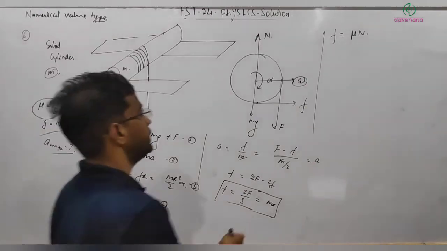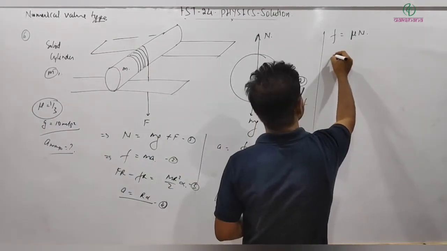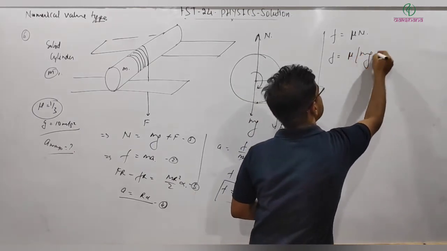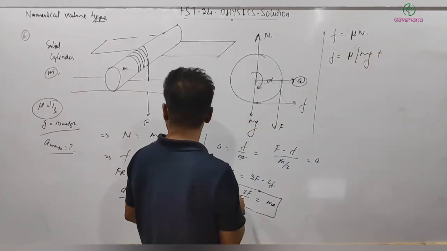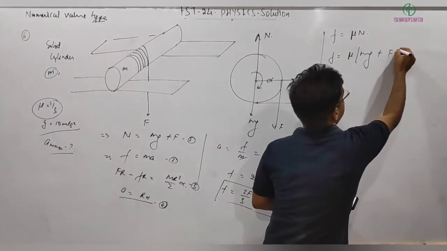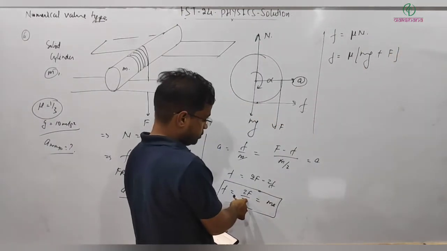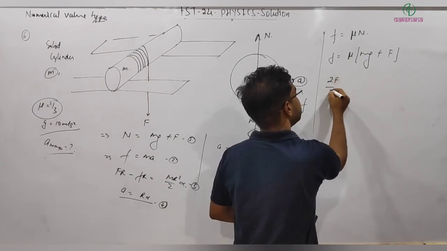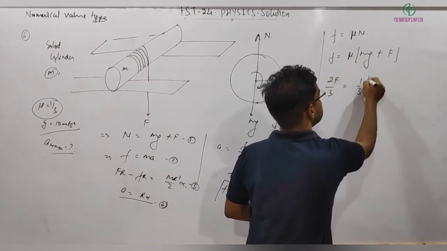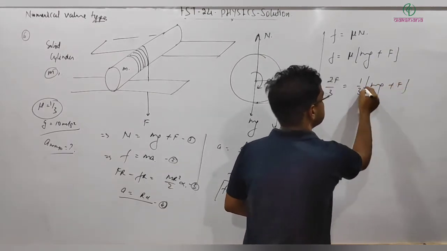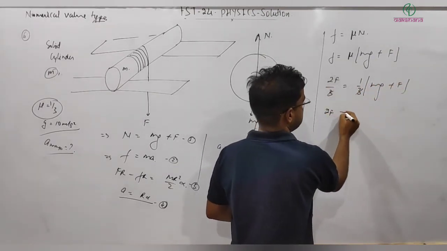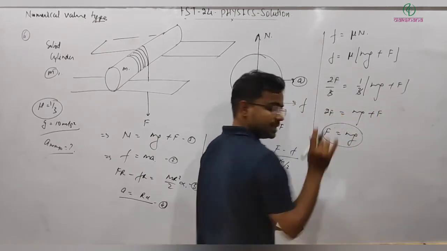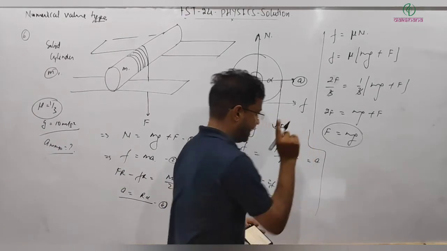So okay, small f is equal to mu times normal reaction, is equal to mg plus this F, right? And small f is given as 2F by 3, so 2F by 3 is equal to, this is 1 by 3 into mg plus F. 3 gets cancelled, so this is 2F is equal to mg plus F. This implies F is equal to mg. Clear? So we got F is equal to mg.